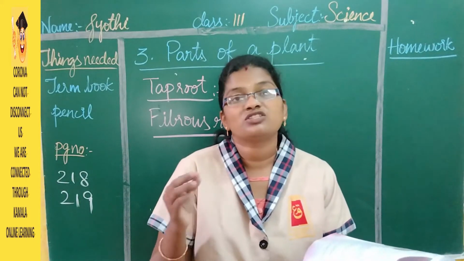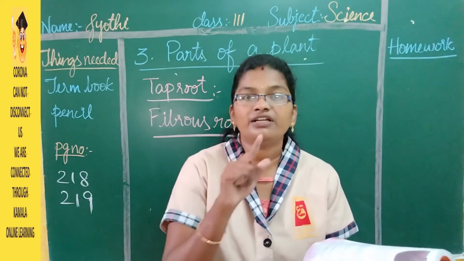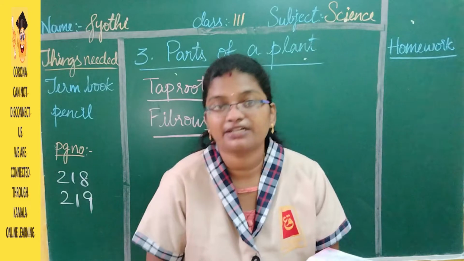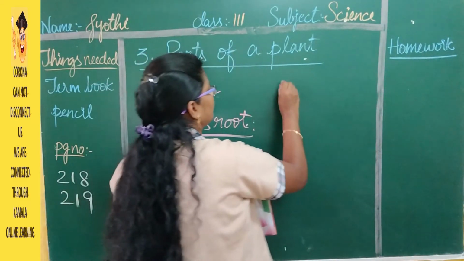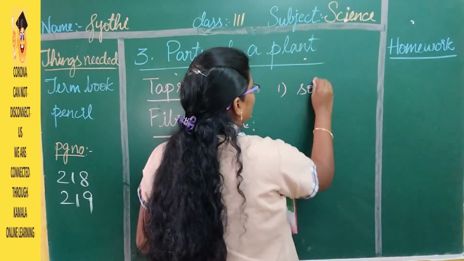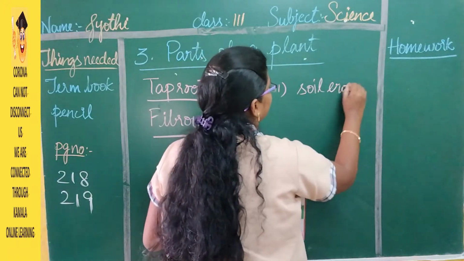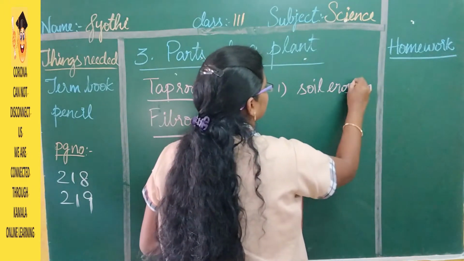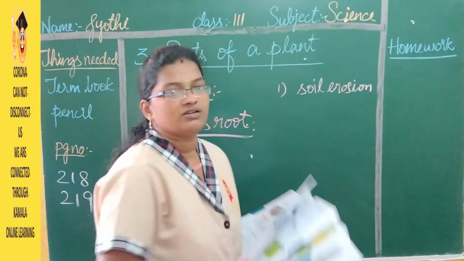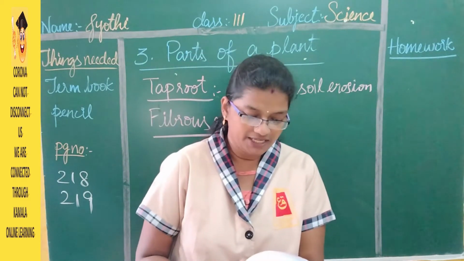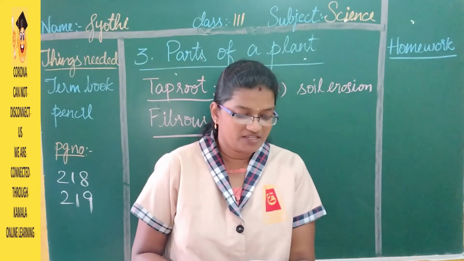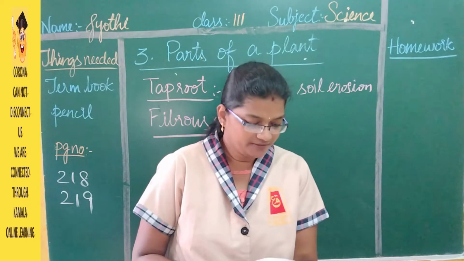They prevent soil erosion, the middle one. So you have to underline it, okay? First one is soil erosion.